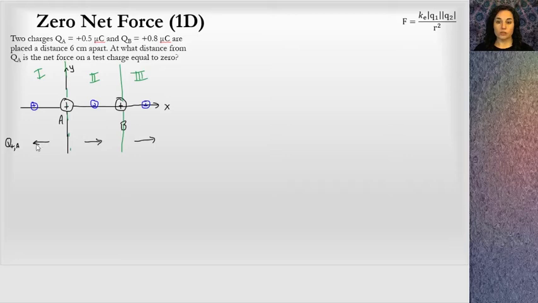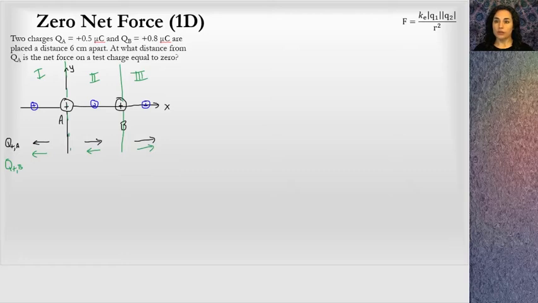So that's the direction of the force on that positive test charge due to A only. Let's draw in B. The force on the positive test charge due to B. Well, let's see. B will exert a repulsive force on this test charge as well. So it'll be repulsive in this region, and also in this region, and also in this region.